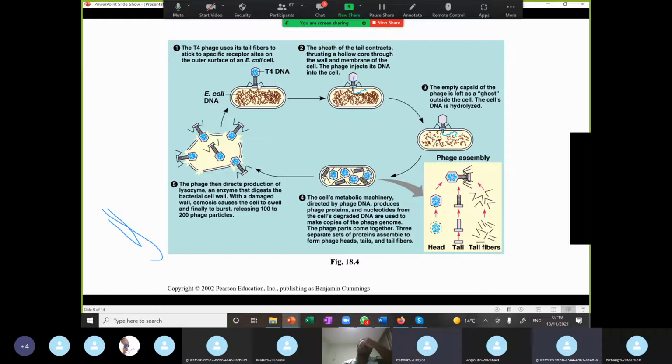So I'm saying that this viral particle thrusts its nuclear material into this E. coli cell, directs the E. coli cell to synthesize viral genome and viral proteins.